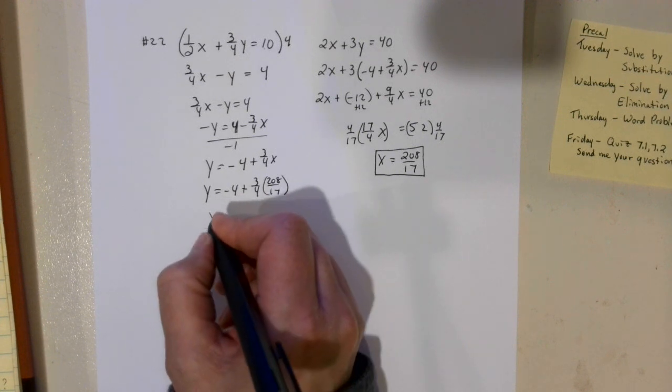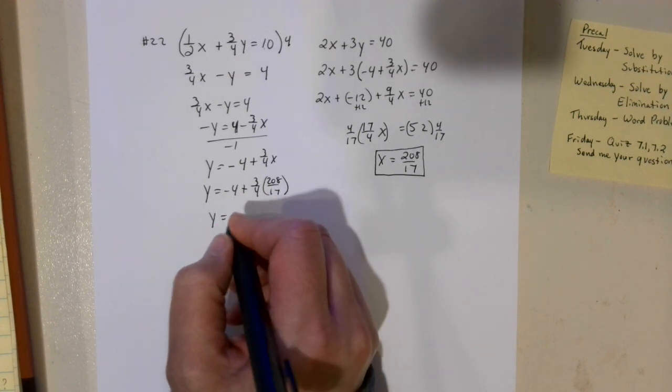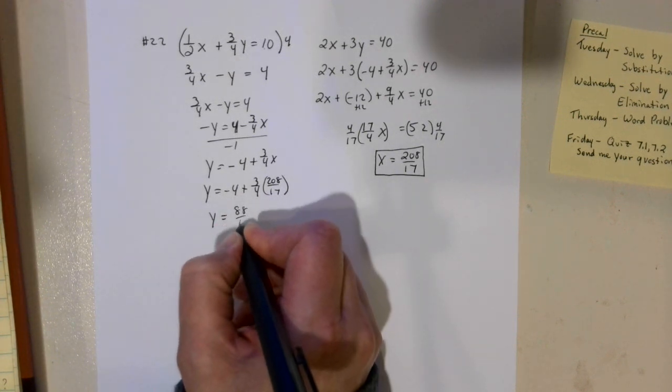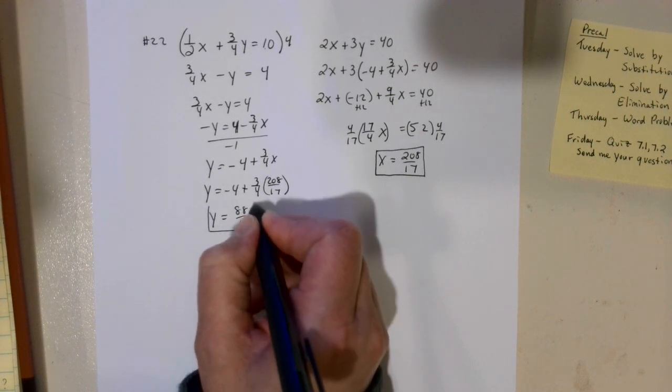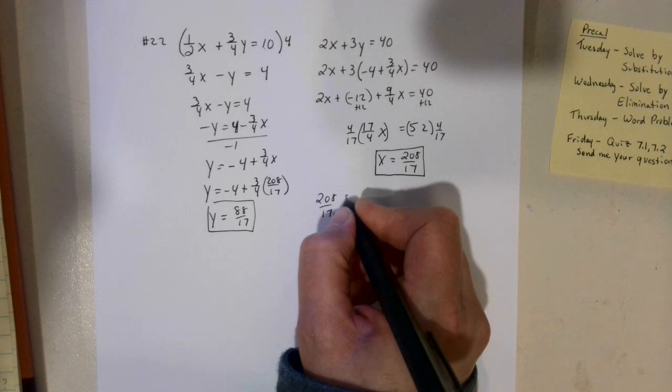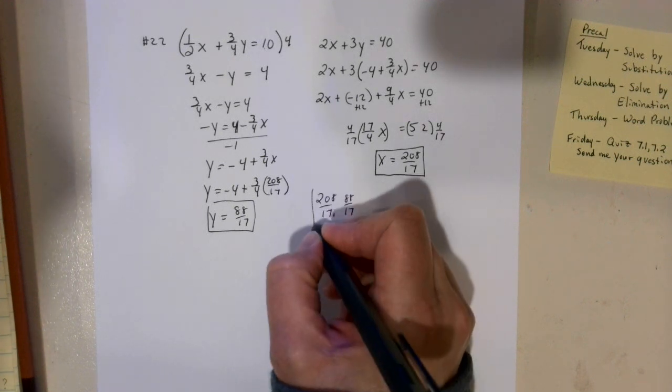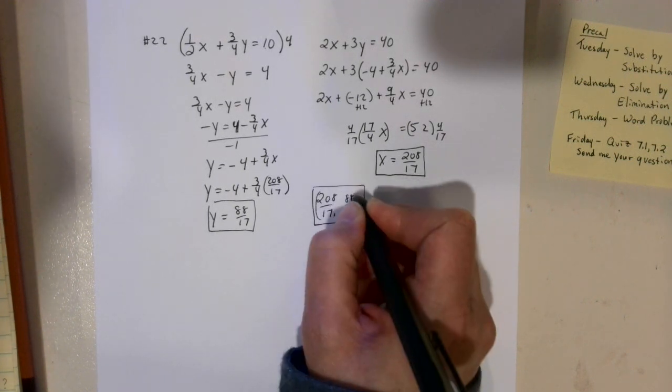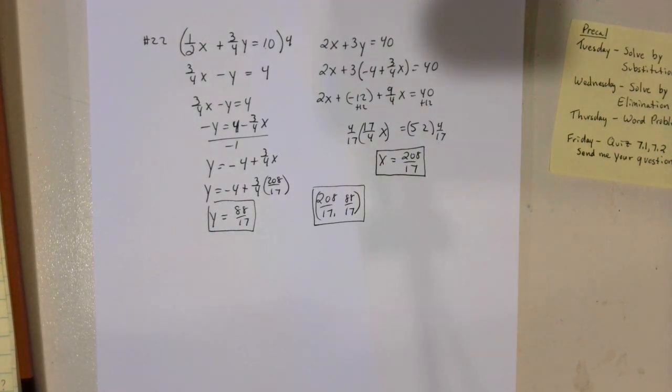And when we solve, we're going to end up with y is equal to 88 over 17. So again, not a very good confidence builder, but it is the correct solution to this equation.